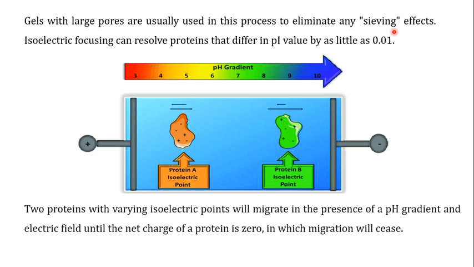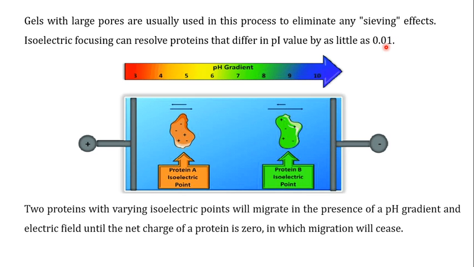That means you will be using a very low concentration of the acrylamide and the bisacrylamide, so you will be having large pores so that the movement of the proteins does not get impeded by the smaller pore size of the gel. So in the isoelectric focusing in the IPG strips, you are using a low concentration of the acrylamide and the bisacrylamide, so you will be having large pores.